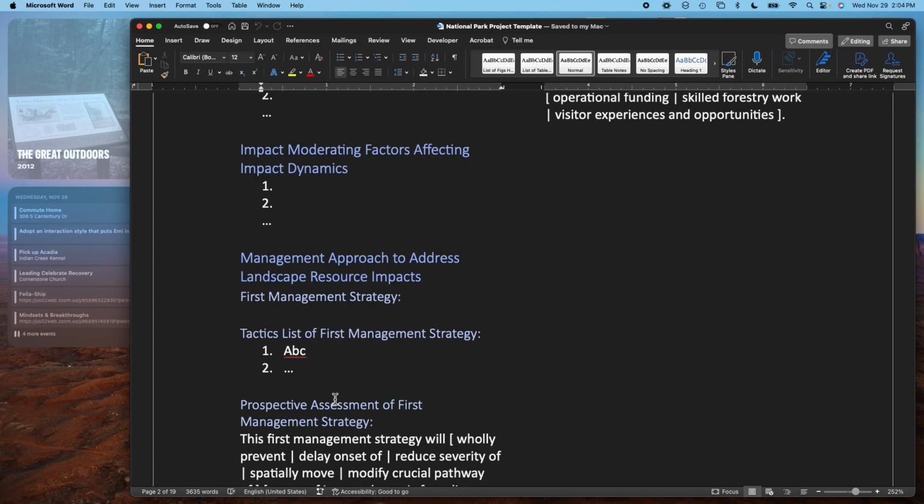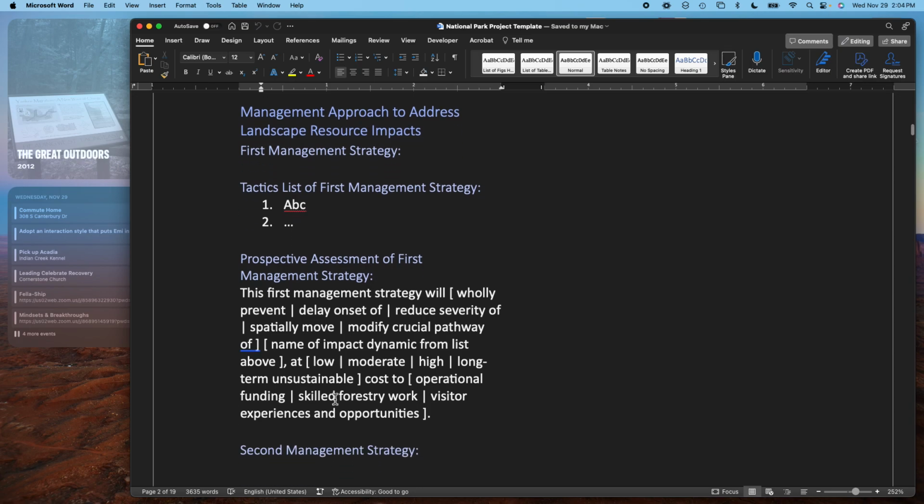So maybe your first management strategy is pretty mild on the landscape. It's something like, I'm going to modify visitor use. That's our strategy, and the tactic underneath that would be using information and education. All that's lined out in a diagram. There are big tree charts explaining a ton of different example management strategies and tactics under each one of those 4 strategies.